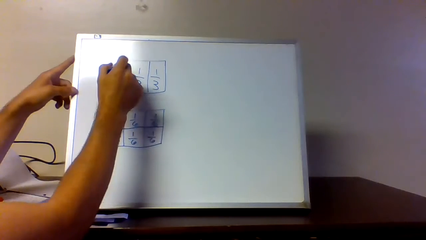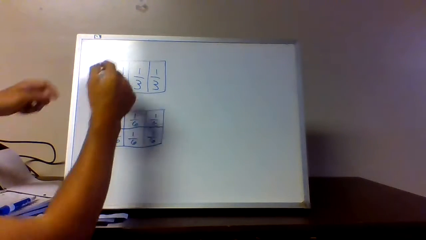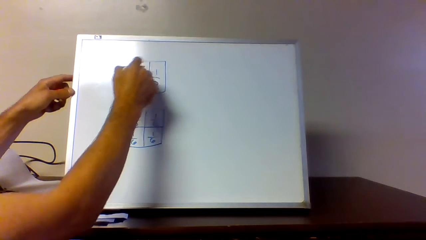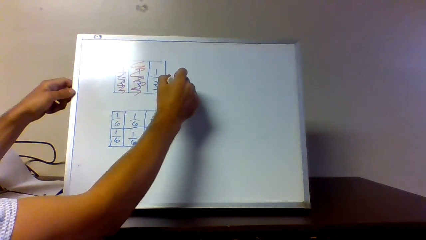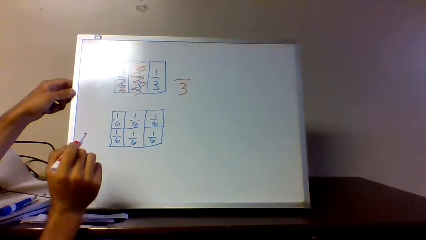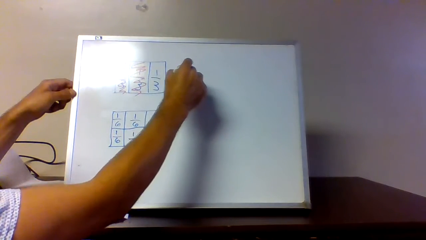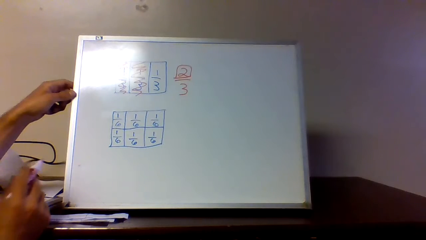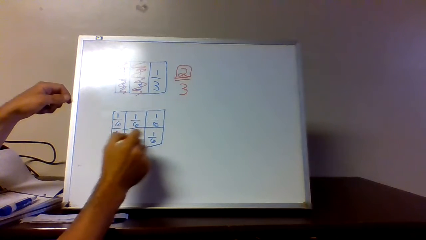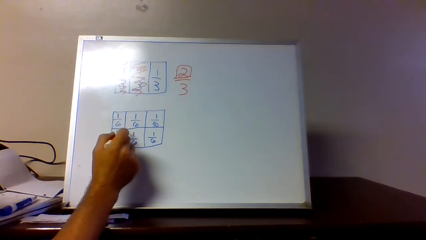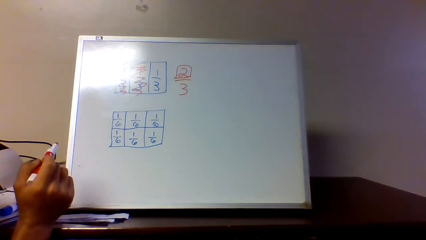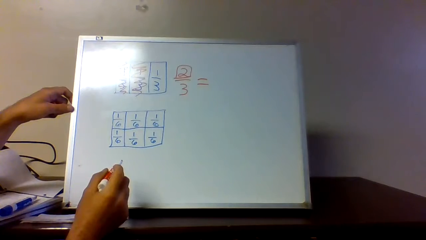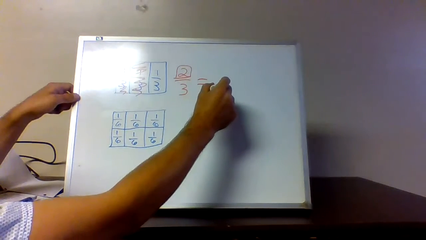So if I shaded in 2 of these, we know that out of our 3, we shaded in 2. So what amount or how much would I need to shade in for our bottom figure to be an equivalent fraction to our top figure?